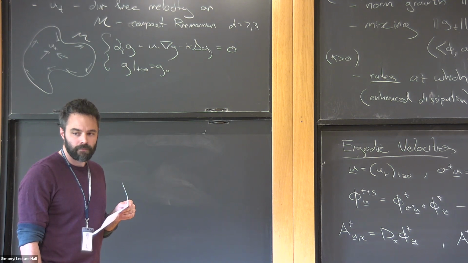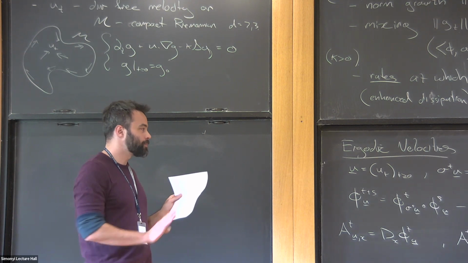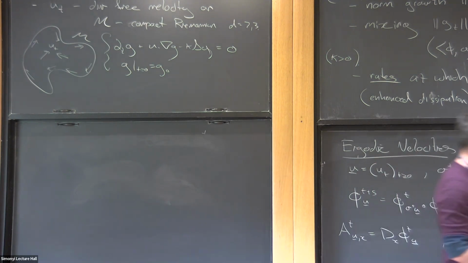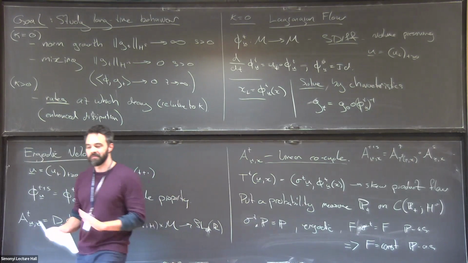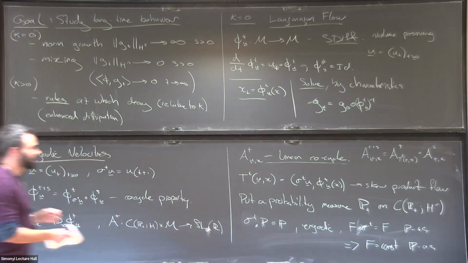Then P is just any... Right now, I'm saying, suppose I can find an ergodic measure for this shift dynamical system. I don't know exactly what it is at the moment. Our goal will be to construct one. Right. A without the superscript is just 1. Oh yeah, that's right.